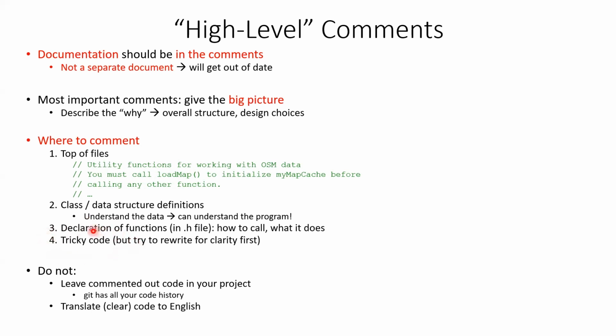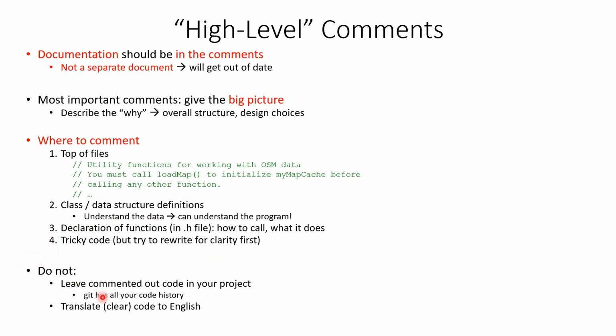And at the beginning of chunks of tricky code to understand. But we need to try to rewrite them for clarity first. And then if we cannot clarify them more, put in the comment at the beginning describing what it does and why we choose to use this type of format.